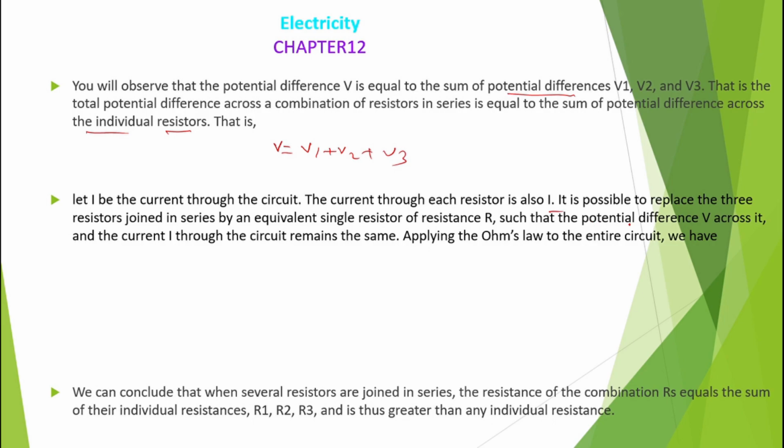So it is possible to replace the three resistors joined in series by an equivalent single resistor of resistance R, such that the potential difference is V across it and the current I through the circuit remains the same. Applying Ohm's law.